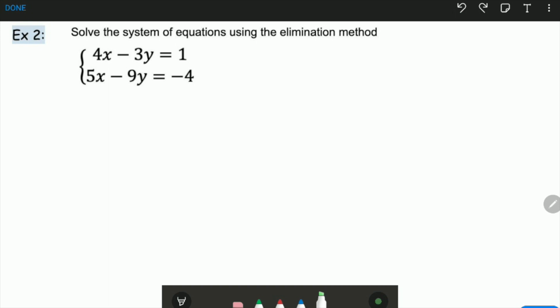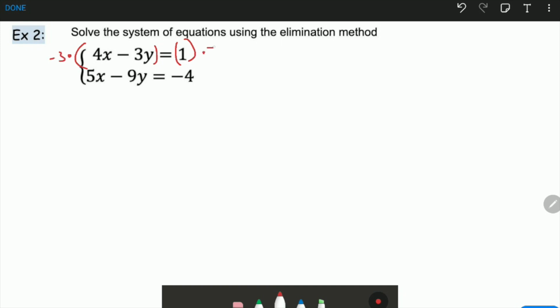Since neither one has the same coefficient, we're going to choose one to eliminate. And I'm going to choose y to eliminate because it will be easier to multiply one of the equations by something to get the same coefficient versus 5 and 4, which don't share any common factors. So in order to do this, I am going to multiply the first equation by negative 3.